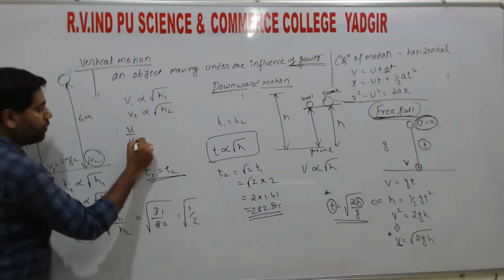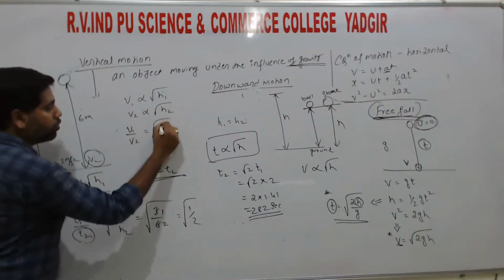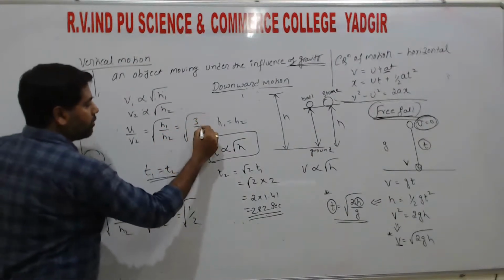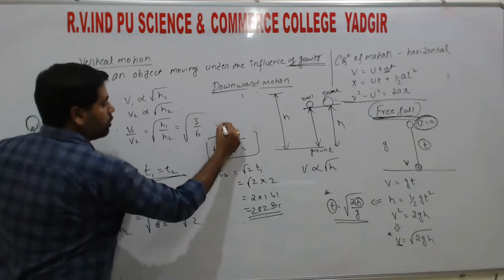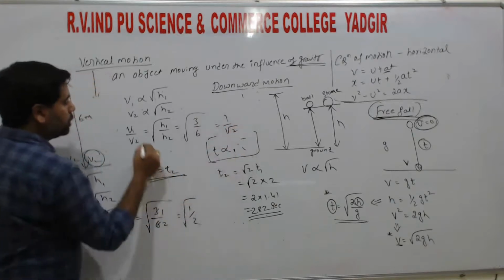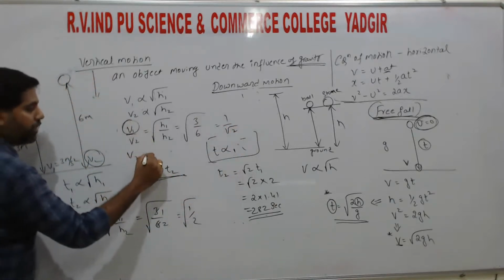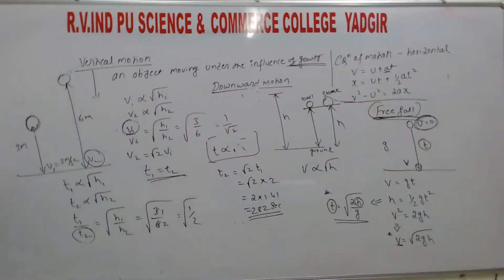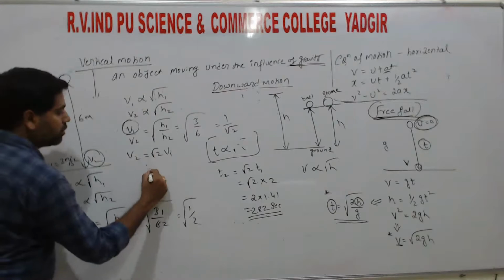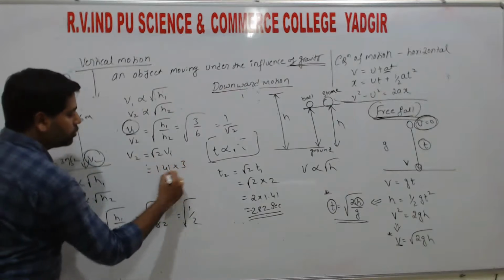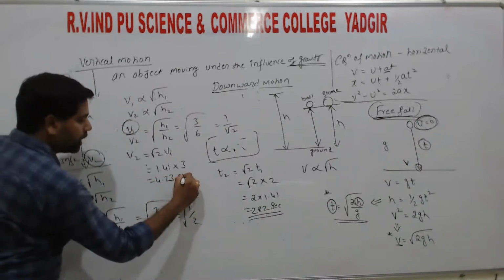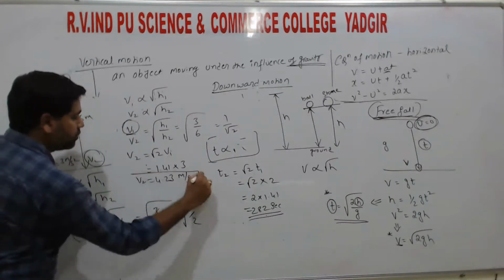So V1 by V2 equals under root of H1 by H2. This is 3 divided by 6, again 1 by root 2. They gave V1, we need to find V2. V2 equals root 2 into V1, right? So we get 1.41 into 3, that is 4.23 meters per second.